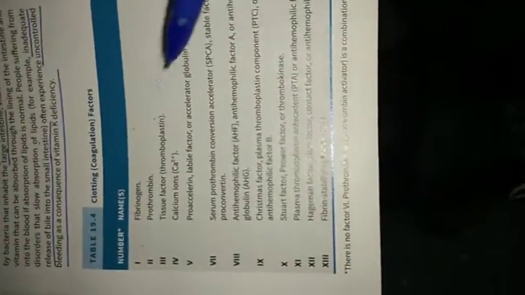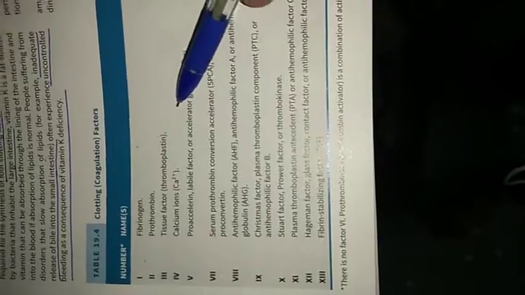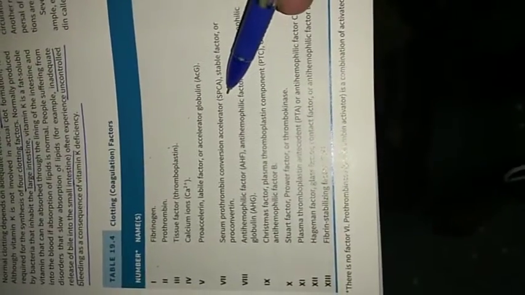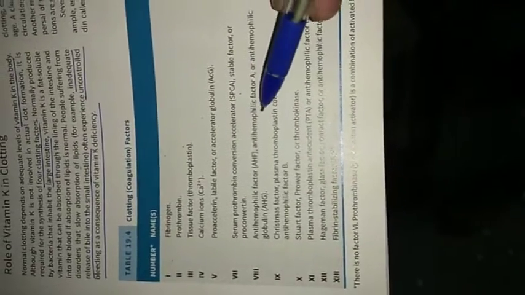The clotting factors from 1 to 12 are fibrinogen, prothrombin, thromboplastin, calcium, proconvertin, Christmas factor, AHG, and so on. That's all for today.